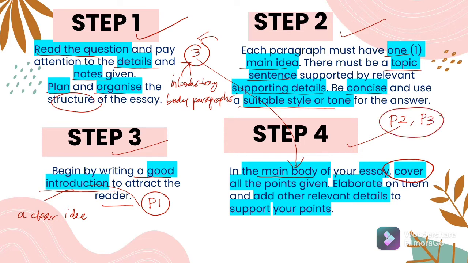Means the body paragraphs are going to be paragraph 2 and also paragraph 3, right? So elaborate on these 3 content points given, and you can also add other relevant details to support your points, right?